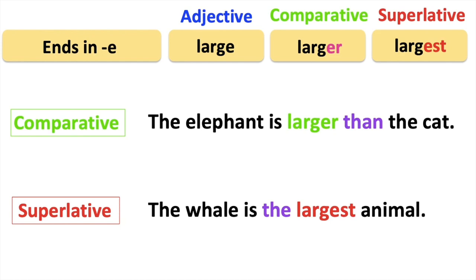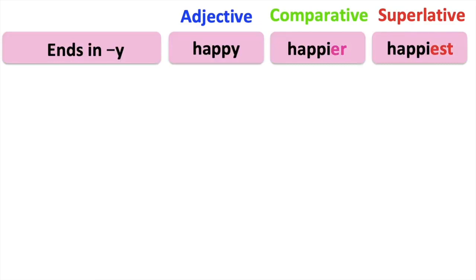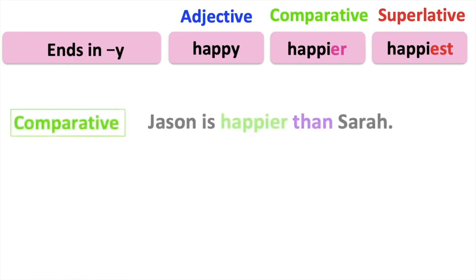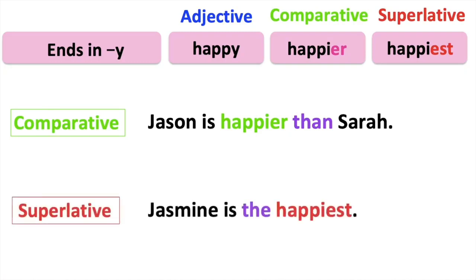For two-syllable adjectives ending in the letter Y, we remove the letter Y and add I before the ending ER or EST. For example, Jason is happier than Sarah. Jasmine is the happiest.